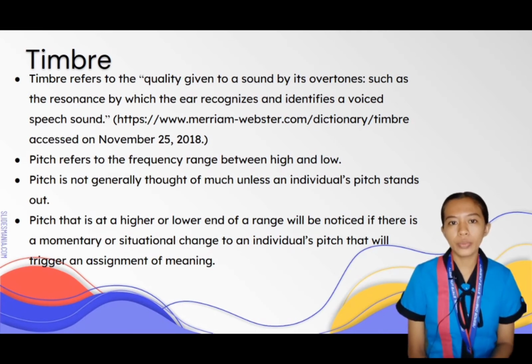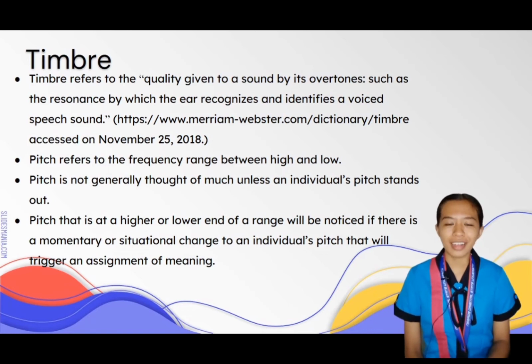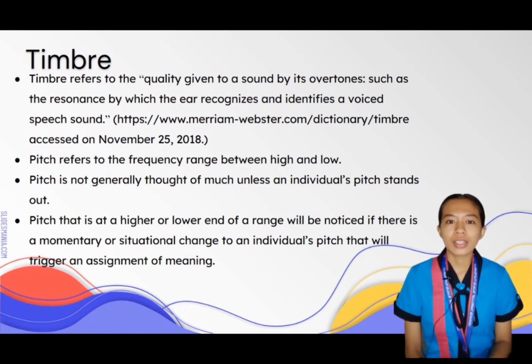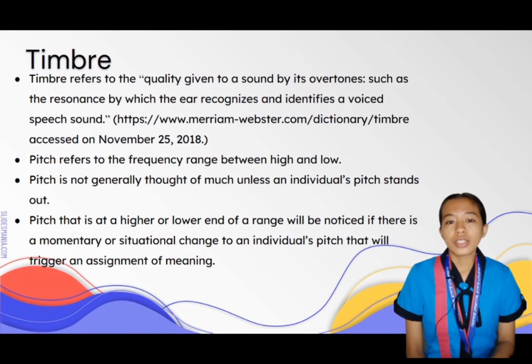For example, when children become excited or scared, they may be described as squealing. The situation will determine whether squealing children are thought to be excited or scared.